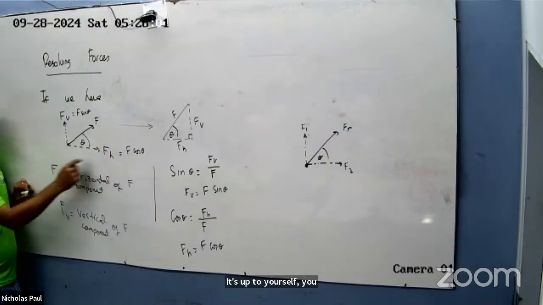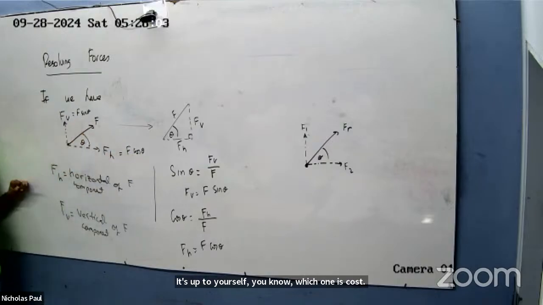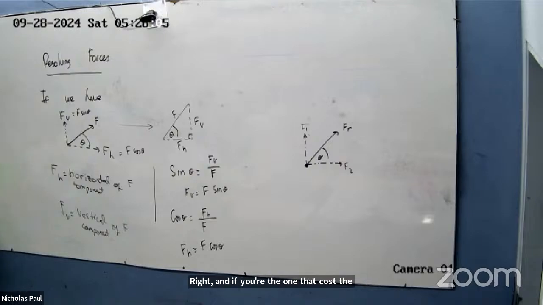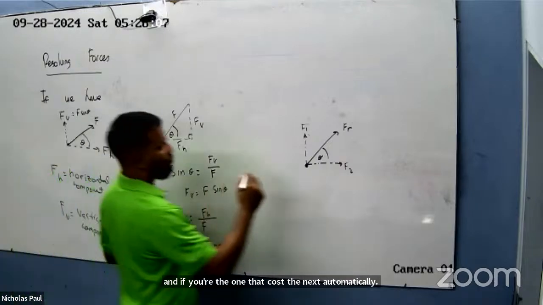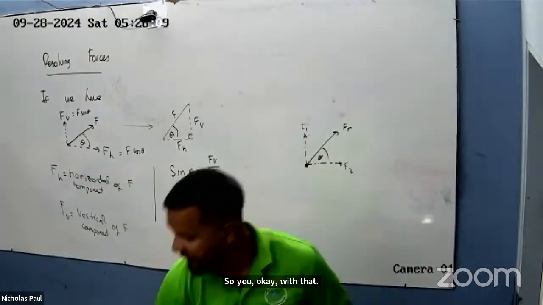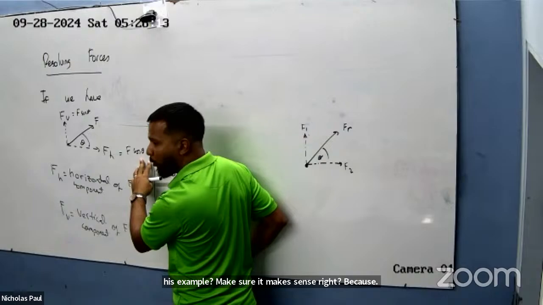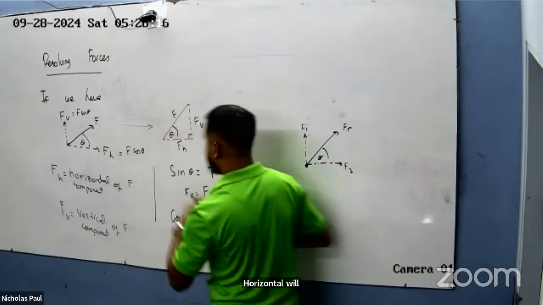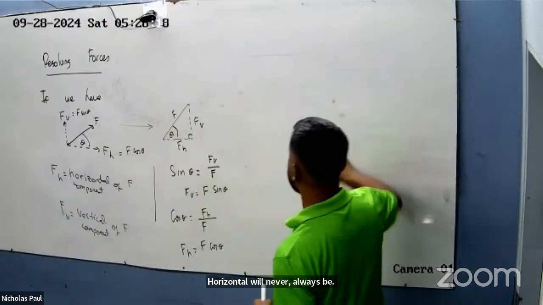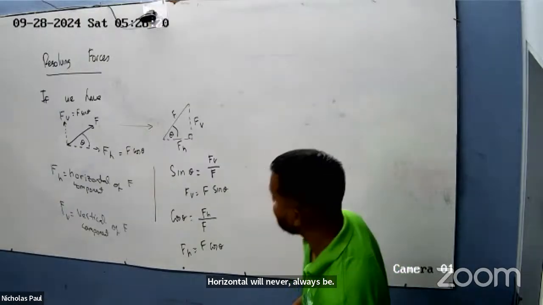And if you know the one that is cos, the next is automatically sine. Horizontal will not always be cos. It will vary, based on how the diagram looks and how the force is acting.